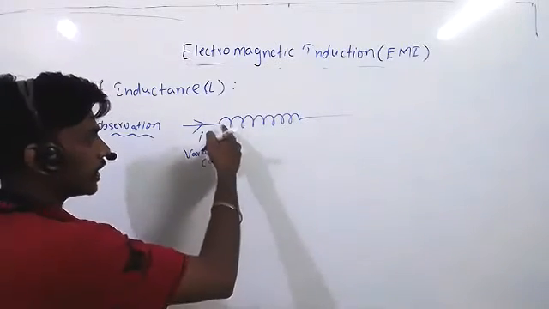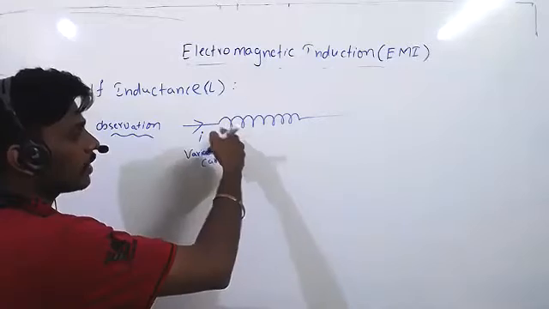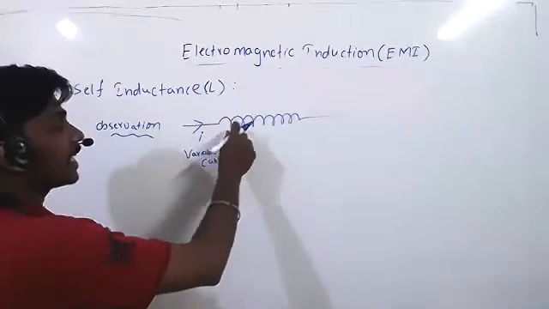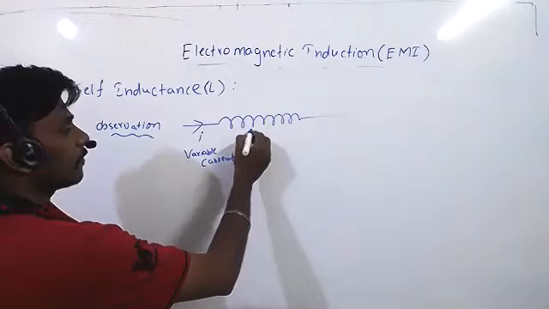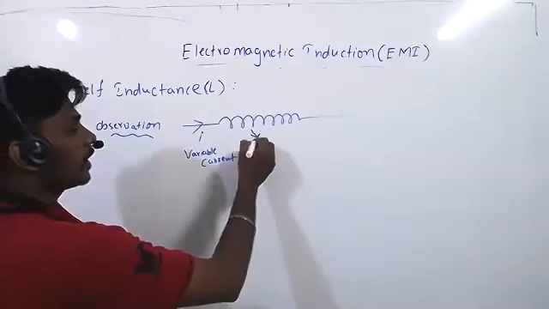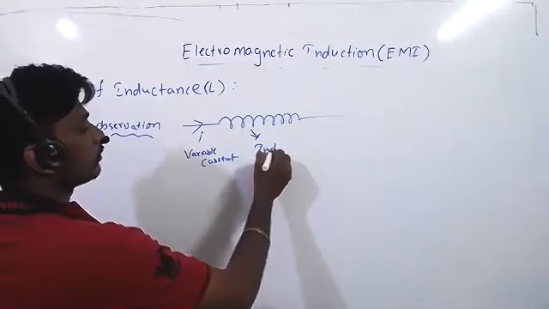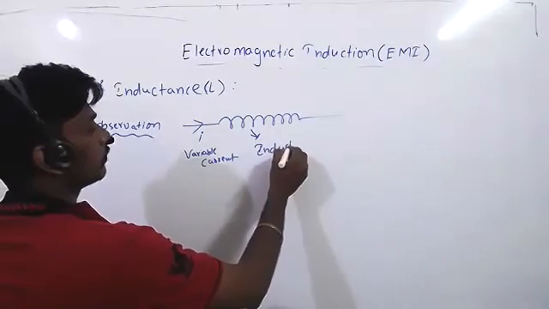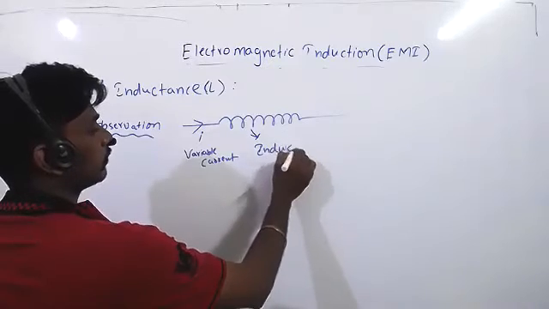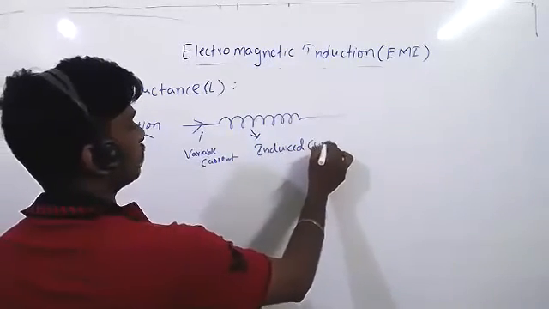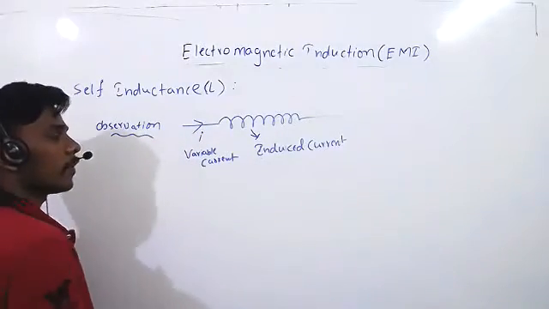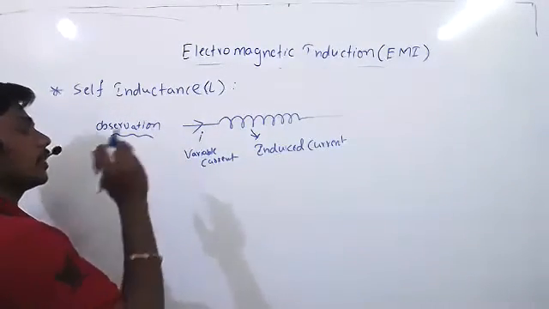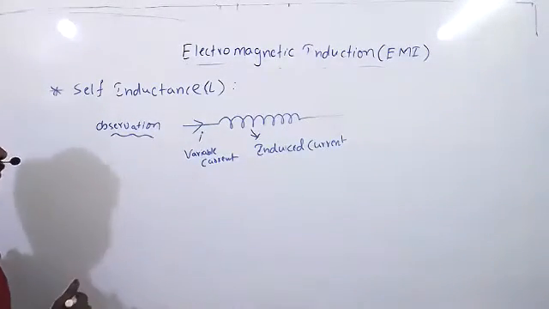When current is changing, whatever magnetic flux is linked with this coil will also change. If magnetic flux linked with the coil is changing, induced current develops in this coil. What is the direction of the induced current?